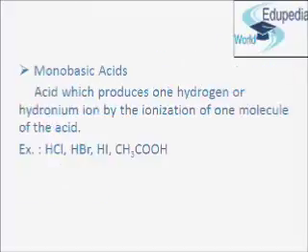First, we will discuss monobasic acids. An acid which produces one hydrogen or hydronium ion by the ionization of one molecule of the acid is called monobasic acid or monoprotic acid. For example, HCl, HBr, HI, HNO3 and CH3COOH are monobasic acids.